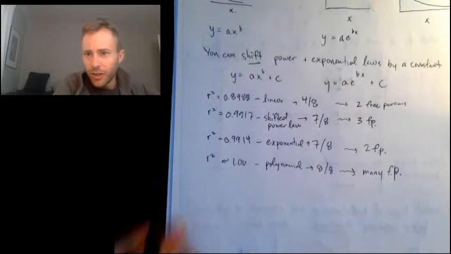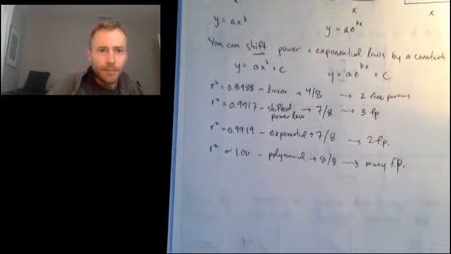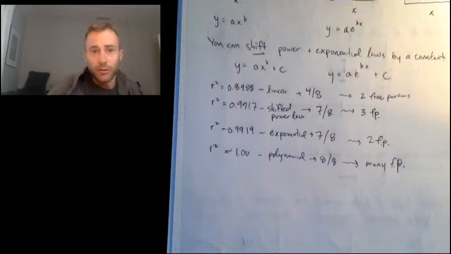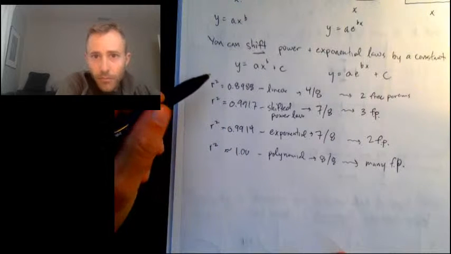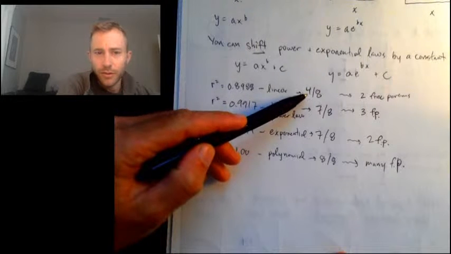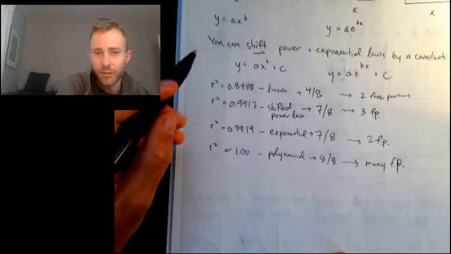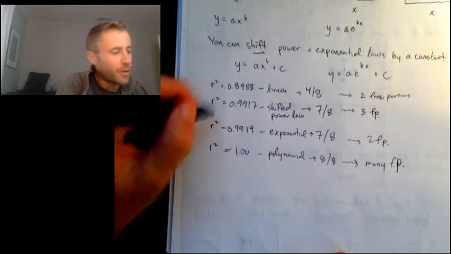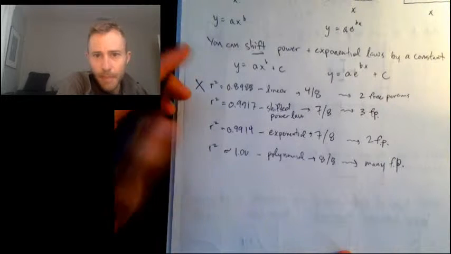Okay, so I wrote down the data for each of these models that we tried. The linear model had the worst R squared, and the smallest number of error bars touched the line of best fit. So that basically means this one is out. It's not a linear model.